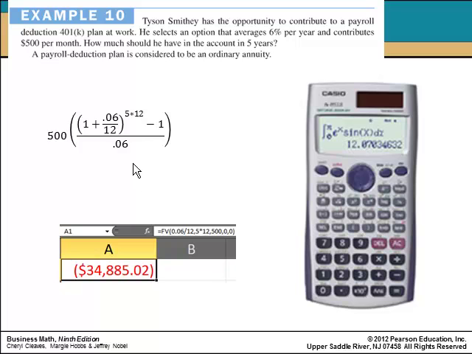So you could have $15,000. Forgot to divide by 12 again on the bottom. So we've got the 6% divided by 12 for 5 years, $500. Well, if you notice, that's $500 a month, $6,000 a year, for 5 years is already $30,000. So it makes sense that there'd be $34,000.